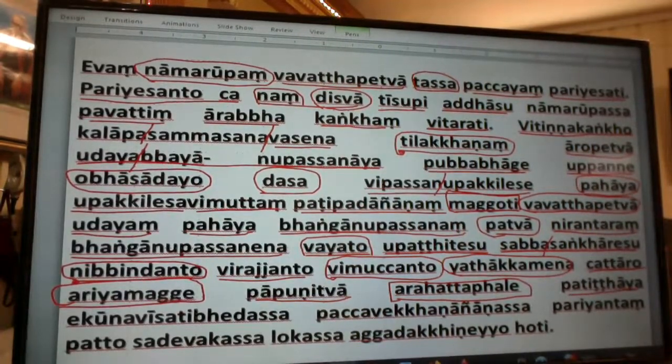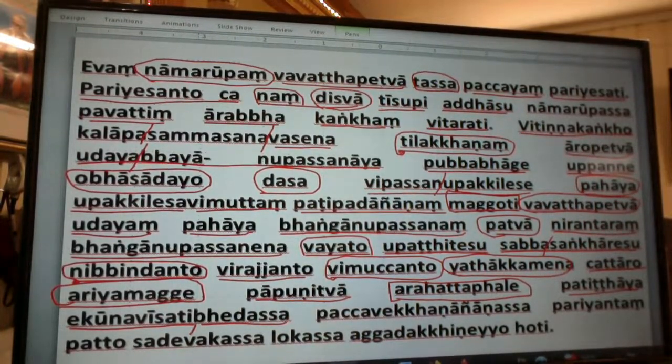Patitaya, reach Ekunavisati paccavekkhana. Ekunavisati: Ekuna is less than one, Visati is 20, so 19. Ekunavisati is 19.